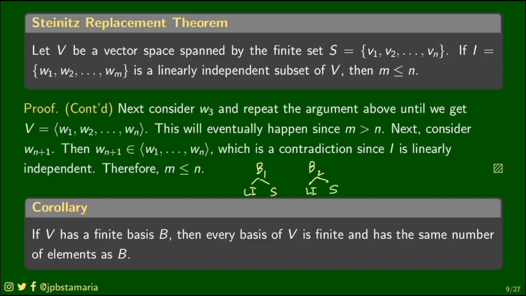So if you think of B2 as spanning and B1 as independent, then by the theorem, we can say that the number of elements in B1 is less than or equal to the number of elements in B2. Also, we can think of it the other way. You can think of B1 as spanning, B2 as independent, and in that case, B2 will have the number of elements less than or equal to the number of elements of B1. And when these inequalities hold, that will imply that the number of elements in B1 equals the number of elements in B2. Okay?